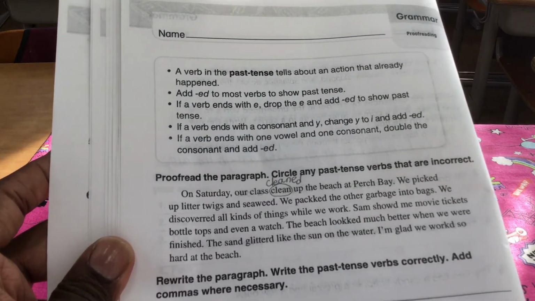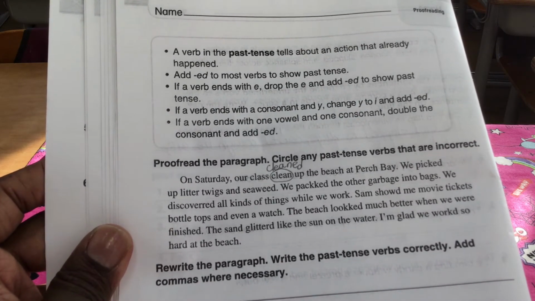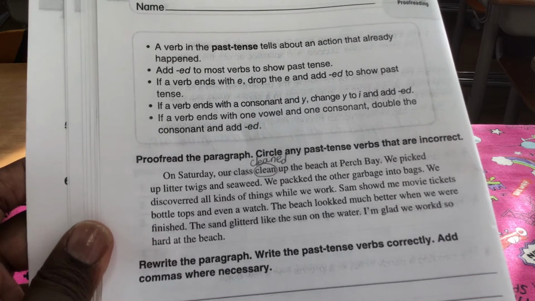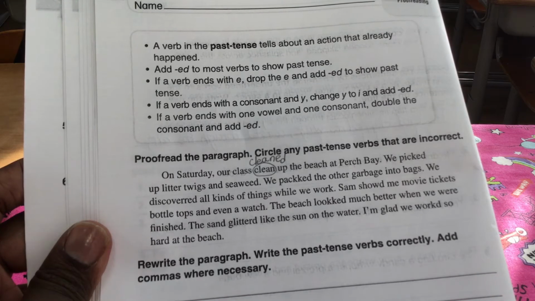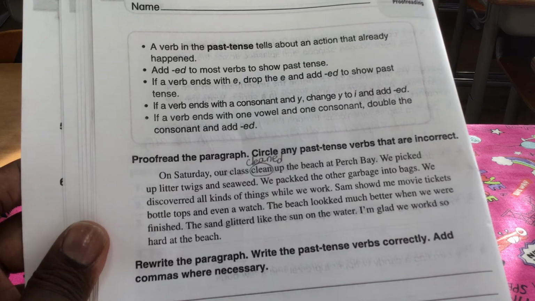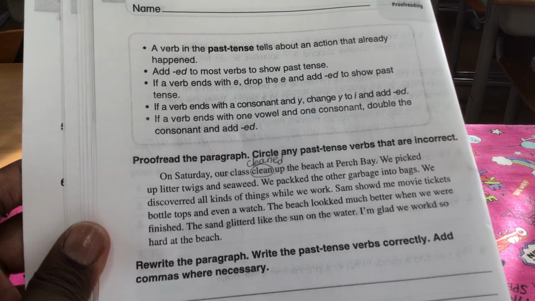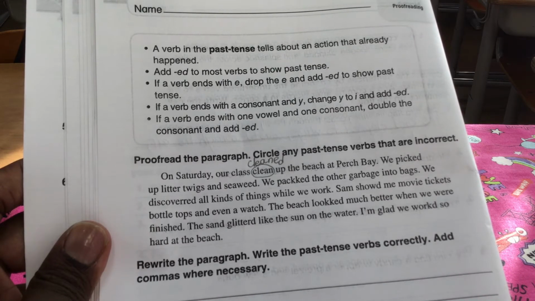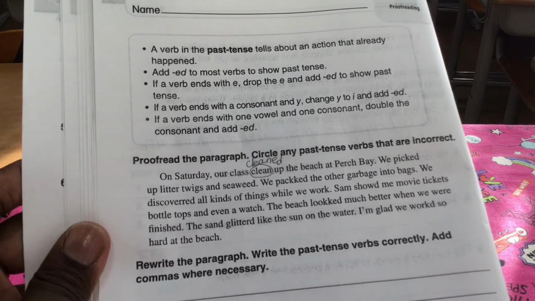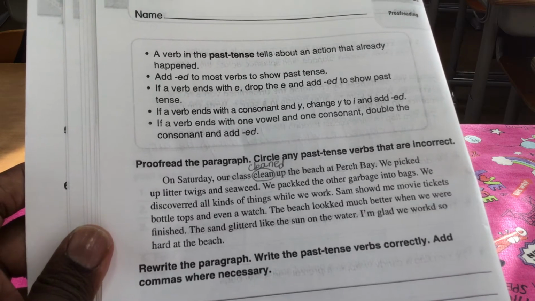C-L-E-A-N-E-D. Okay? I'm going to read the rest of the paragraph, and you try to pick out the mistakes as I'm reading. We picked up litter, twigs, and seaweed. What's missing there? Listen again. We picked up litter, twigs, and seaweed. Okay. We packed the other garbage into bags.